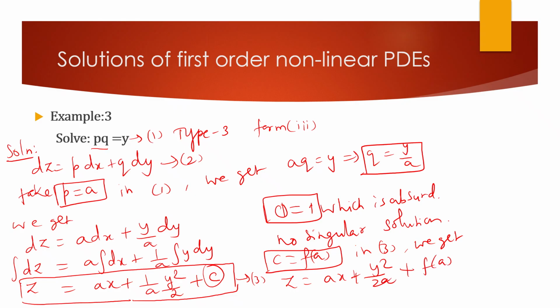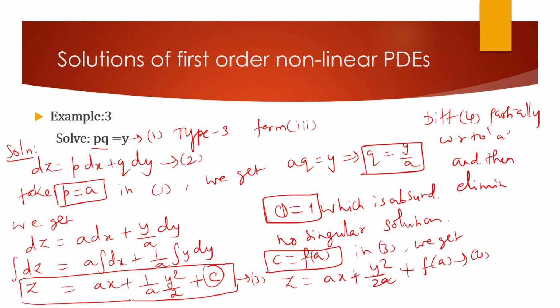Now differentiating 4 partially with respect to a, and then elimination of a gives the general solution.